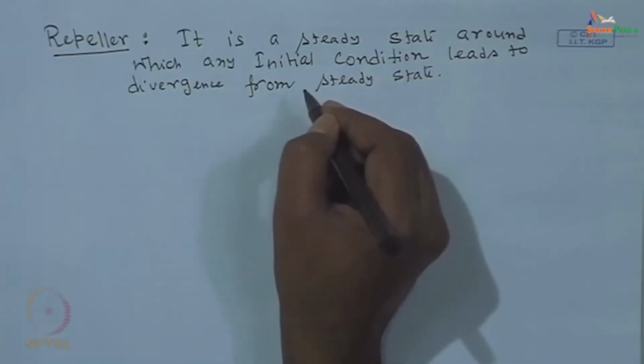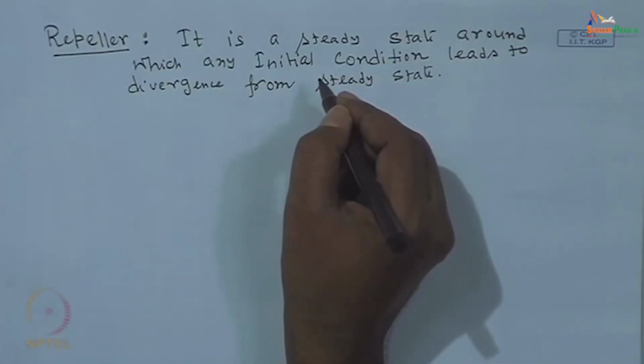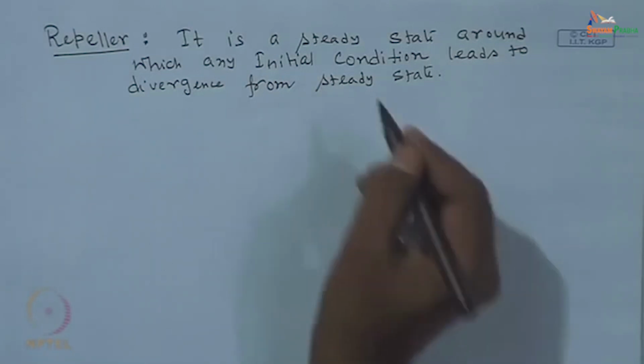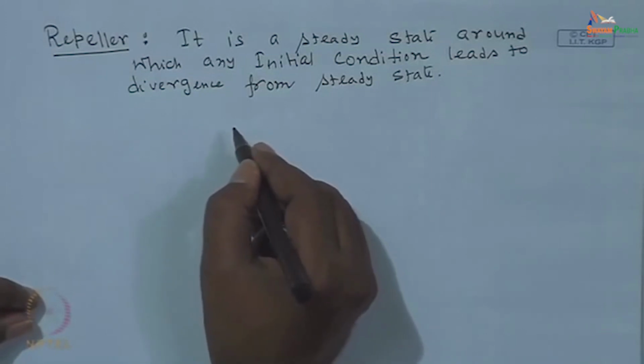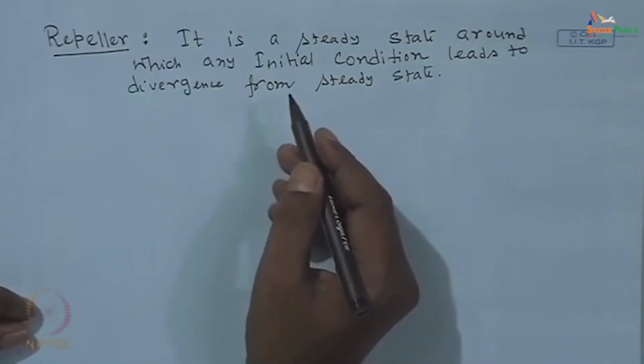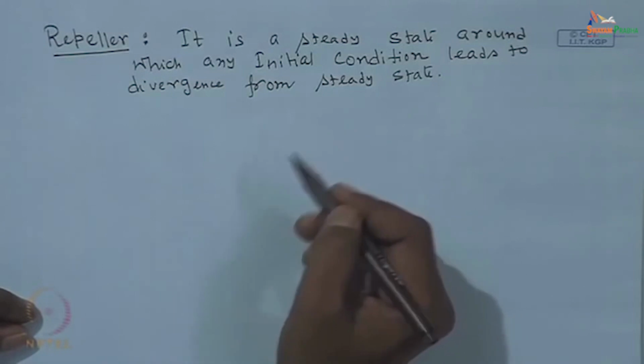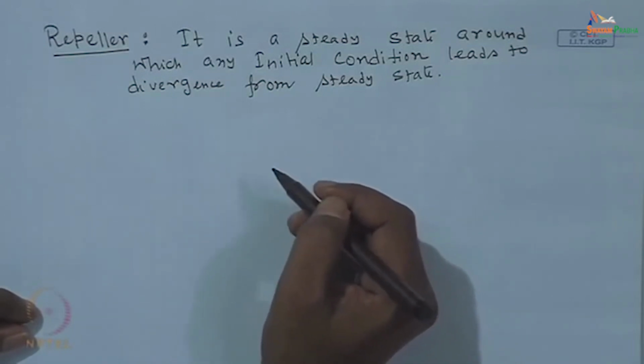So, in the earlier example dAi is a repeller. If we have any initial condition about that point, then it will either go to the upper steady state or it will go to a lower steady state.